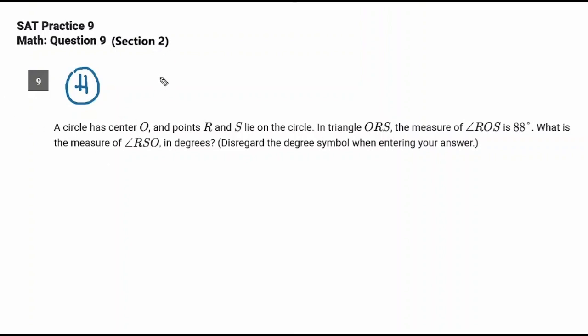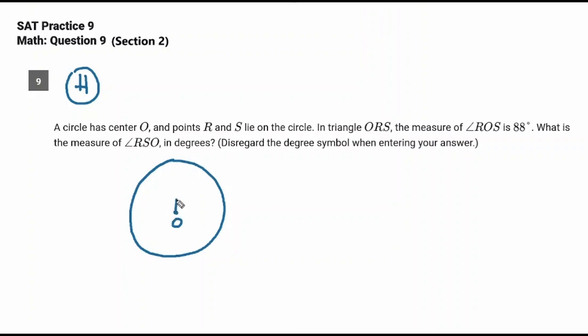So what's the big problem here? As always, Evil Testing Service is describing a figure, but you don't see it. So you've got to draw it. Draw your figures kind of big, and you're never going to be able to draw them to scale, but try to do a good job. The circle has a center O, and ROS is 88 degrees.